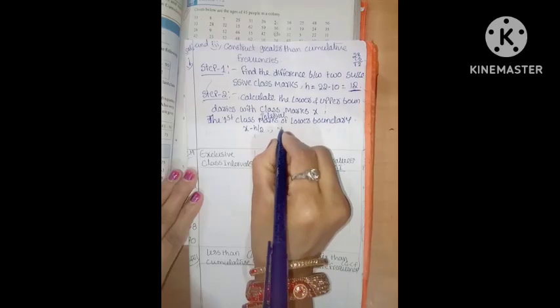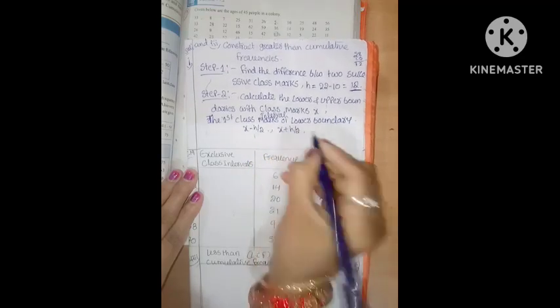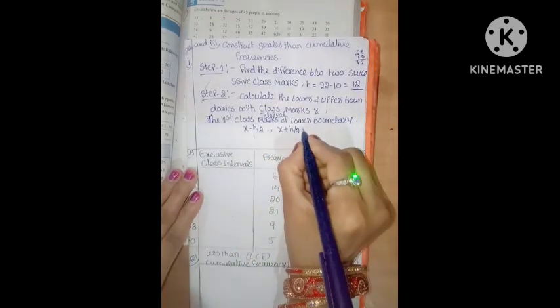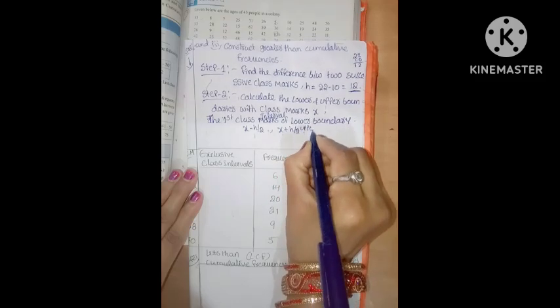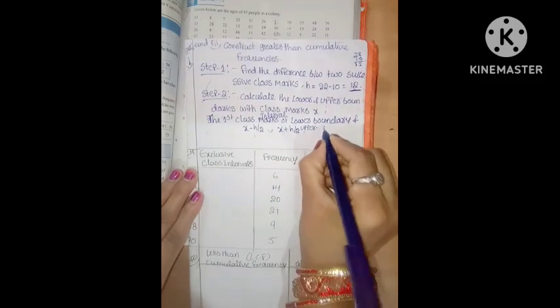Next, the upper boundary is x plus h by 2. This gives the lower boundary and upper boundary.